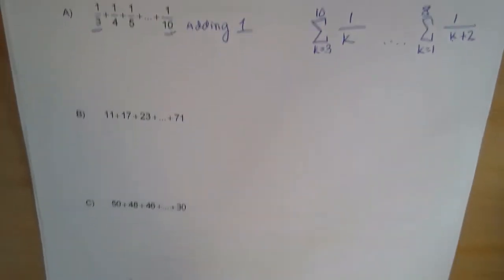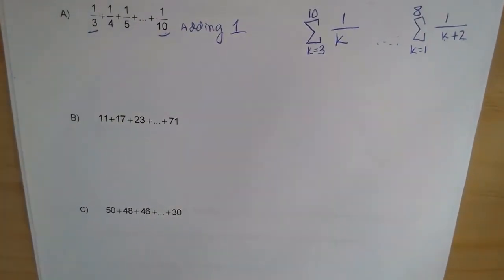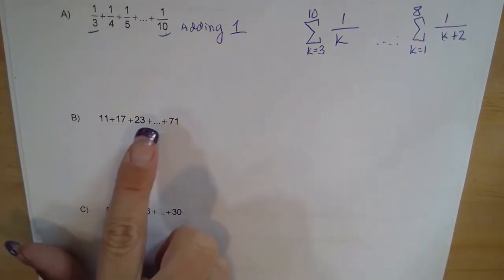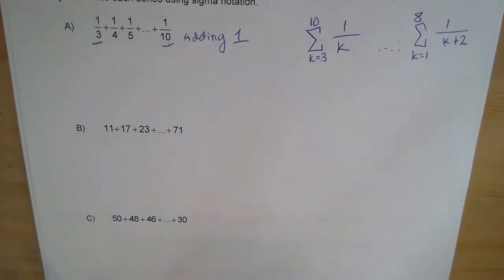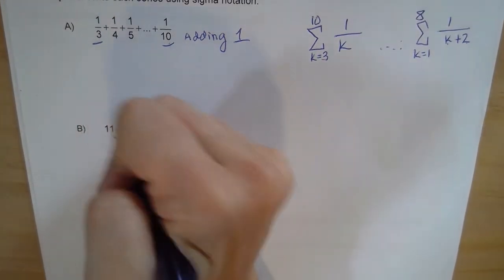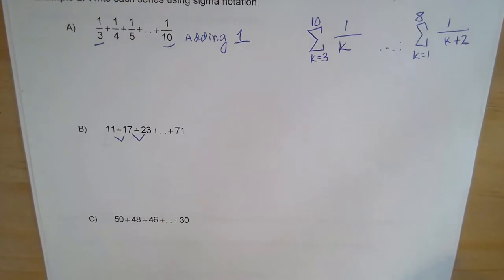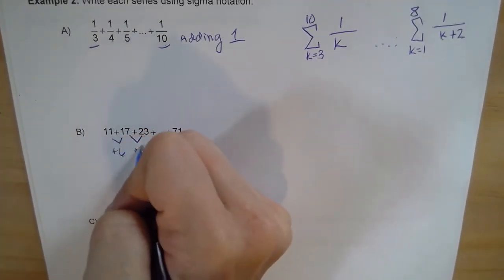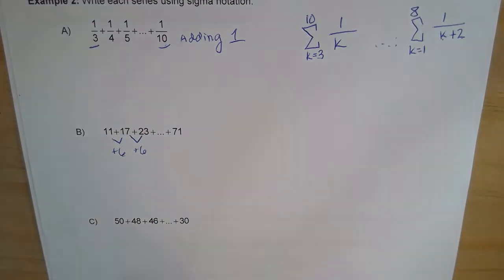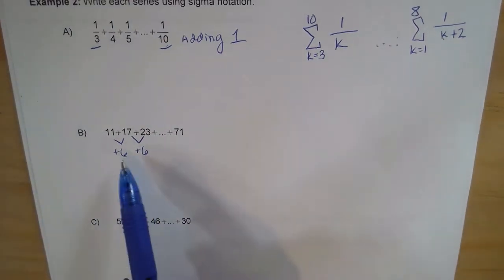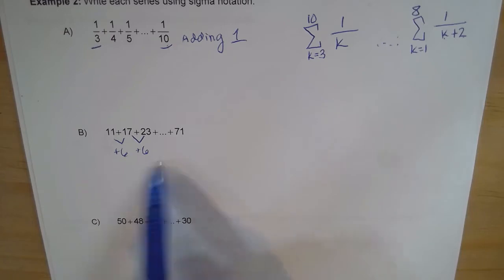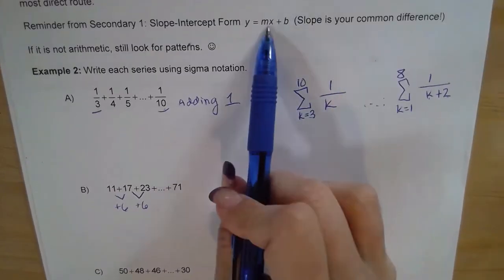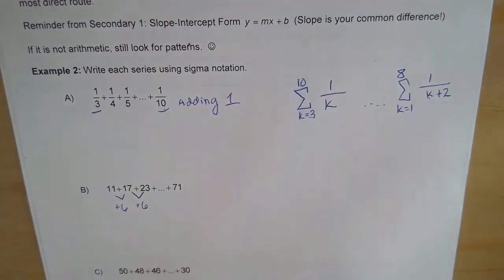All right, so let's see how this might get a little bit difficult. So we have 11, 17, 23. Well, there's nothing really obvious here, but if you look at the pattern, what are we doing each time? We are adding 6. And if we're adding by the same amount here, this is actually our linear, our slope-intercept form.